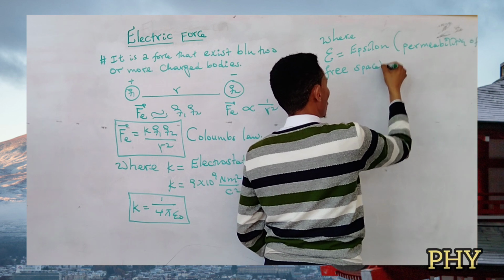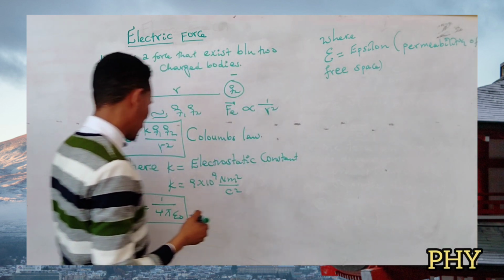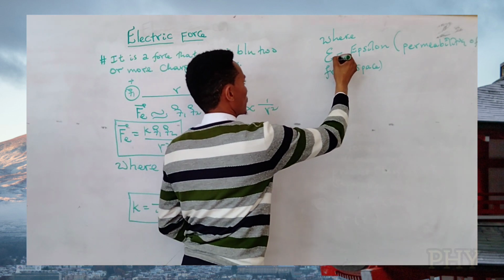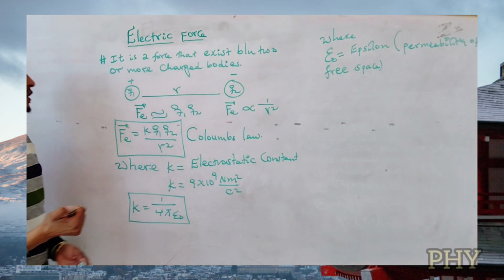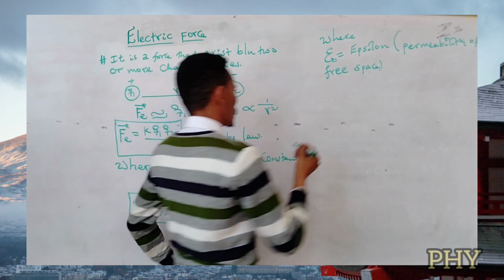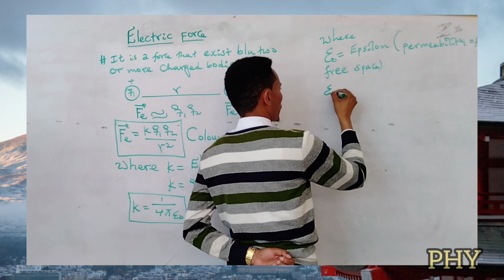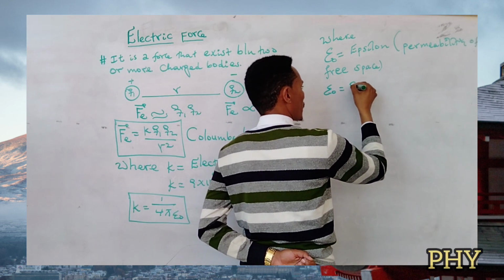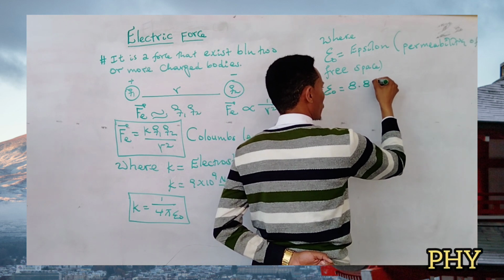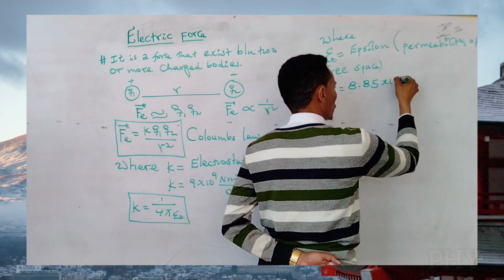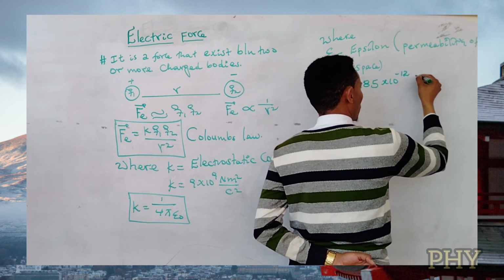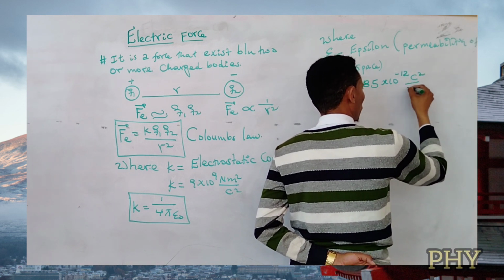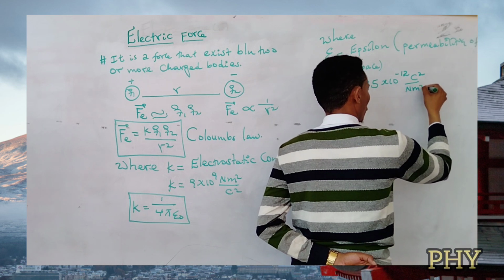The permeability of free space is denoted by the Greek letter epsilon. It is equal to 8.85 times 10 raised to negative 12 coulomb square per newton meter square.